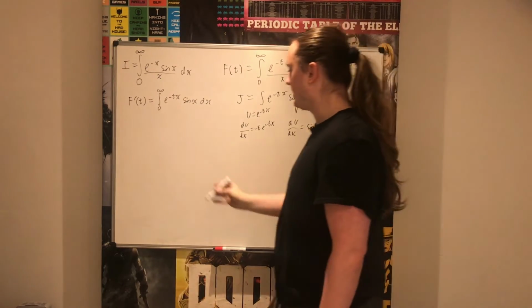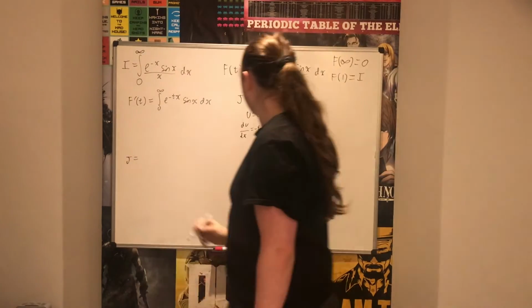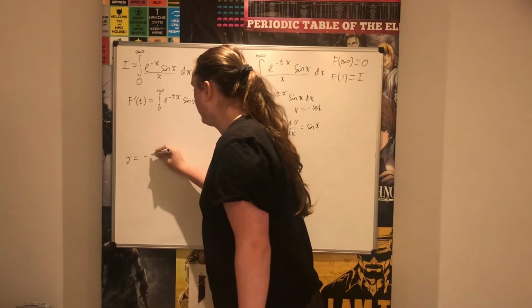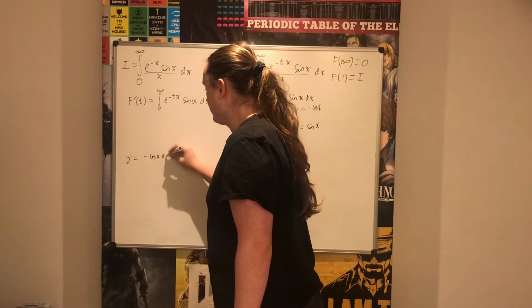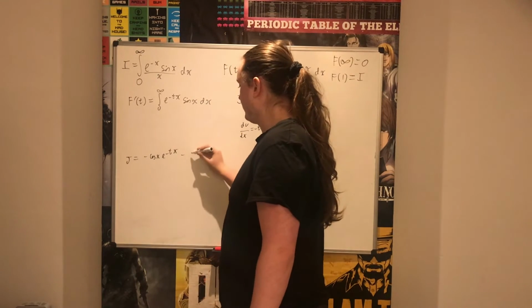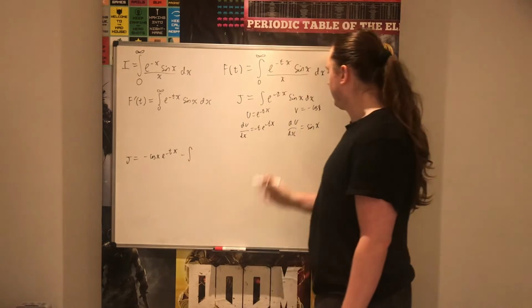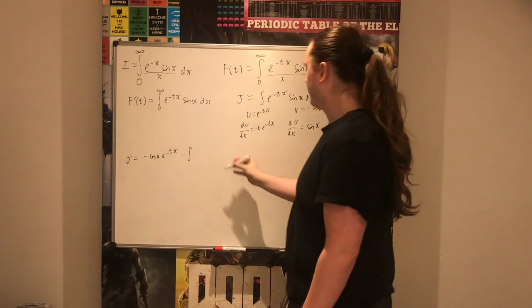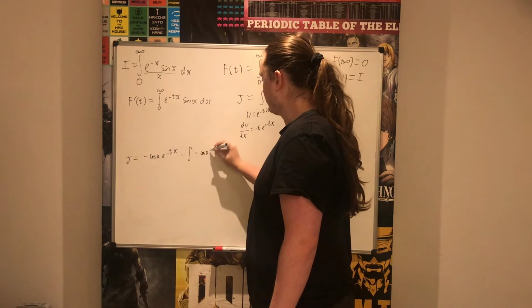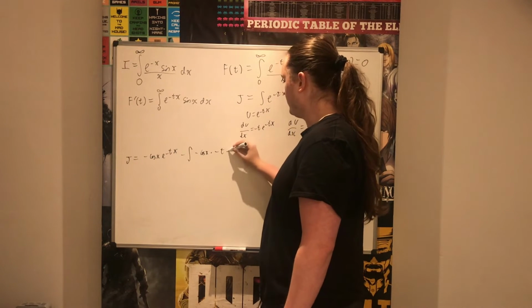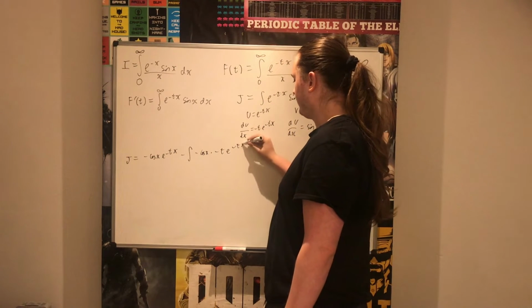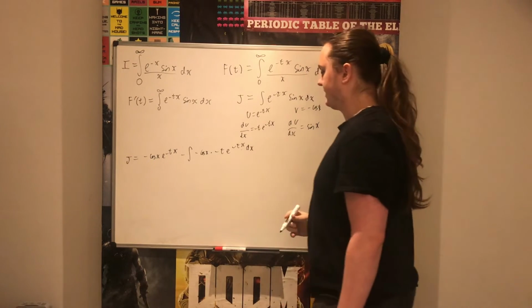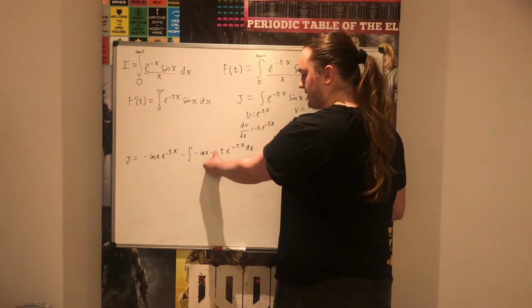So that means J is just the same as uv, so minus cos x e to the minus tx, subtract the integral of v du by dx, so that's minus cos x times minus t e to the minus tx with respect to x, and so these two negatives will cancel out.